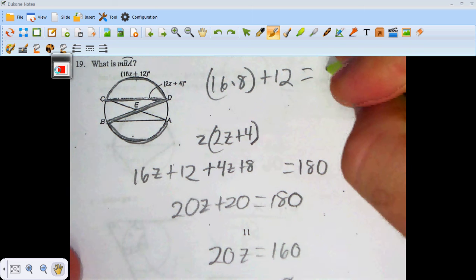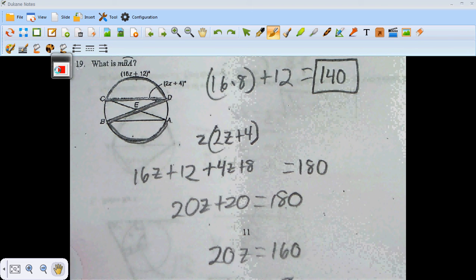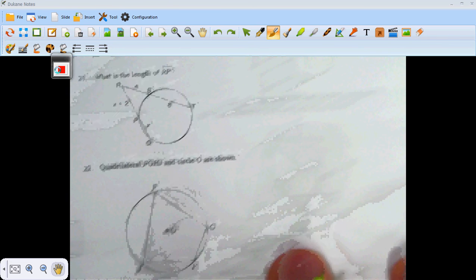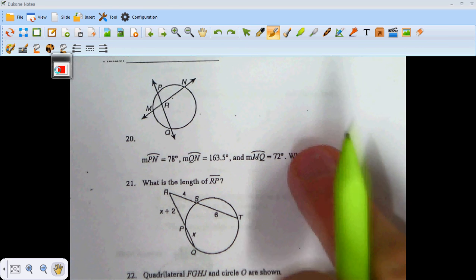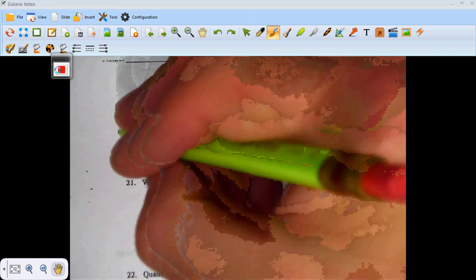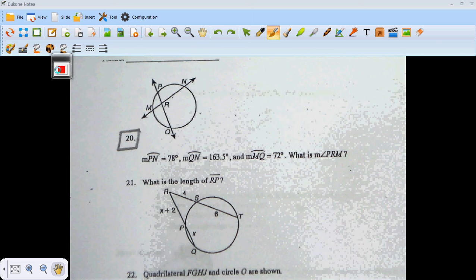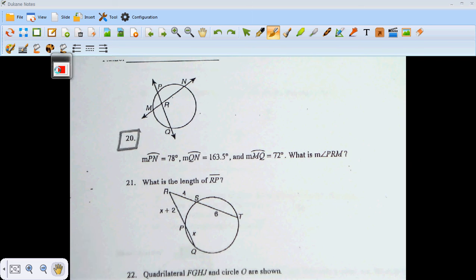So the measure of BA in degrees is 140. Now, taking a look at number 20. Number 20 is just like number 4 and just like number 17, so I'm going to have you do number 20 at home. But you have a couple of examples to go off of.